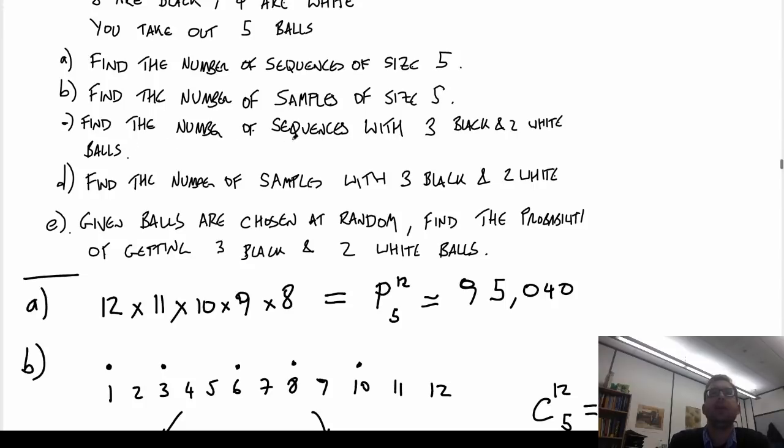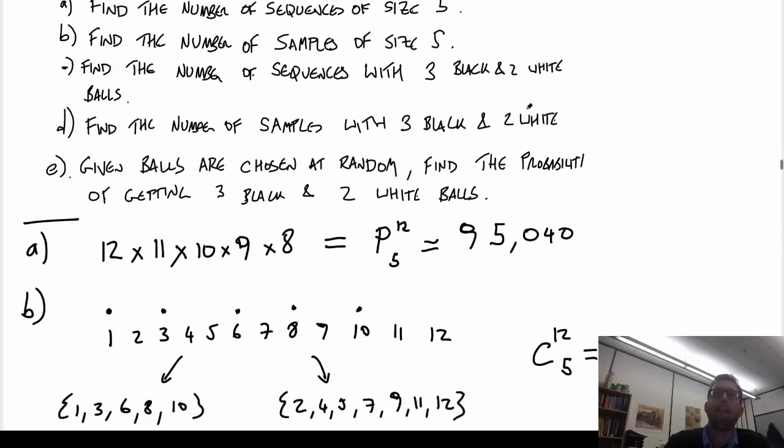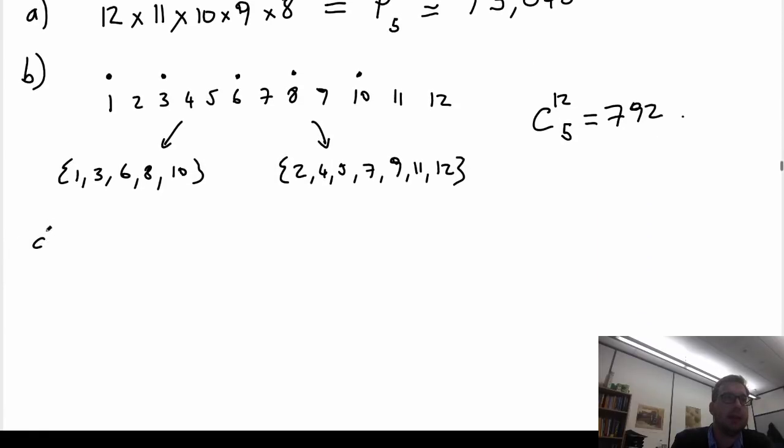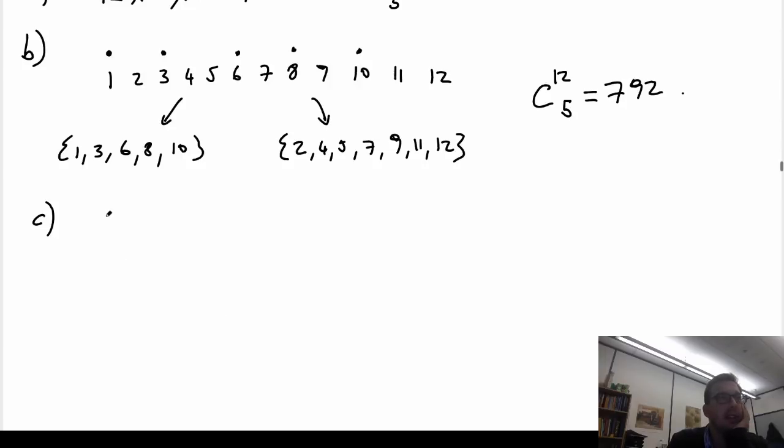Find the number of sequences with 3 black balls and 2 white balls. Let's have a look at that. It's a little bit of a trickier one, like I say. Let's consider the situation where we get a black ball, a black ball, a black ball, a white ball, and a white ball, and let's count the number of ways that can happen.